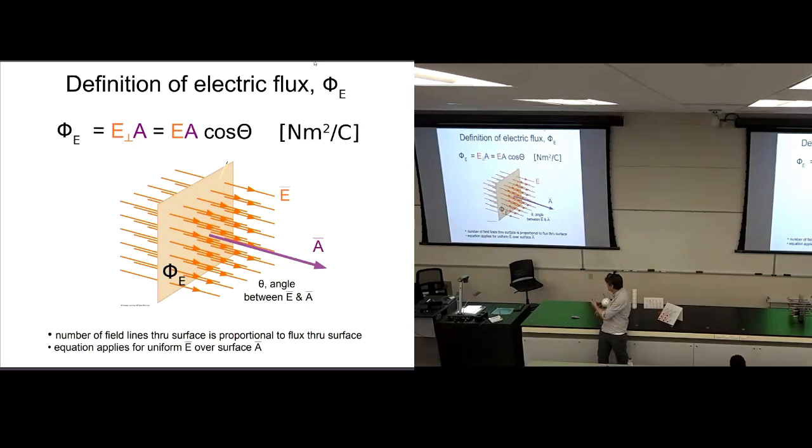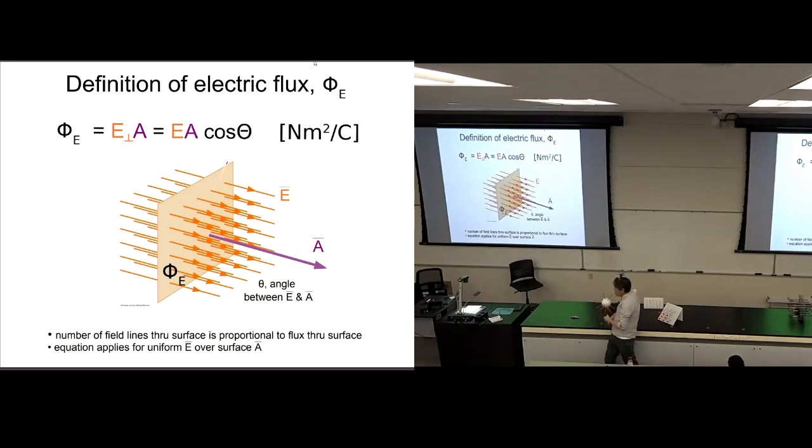This vector, by convention, points perpendicular to the face of the surface. So the surface is kind of like the palm of my hand here, and the vector A is pointing perpendicular to that. And so the orientation of the vector and the length of the vector are telling us about both the surface orientation and the surface size.